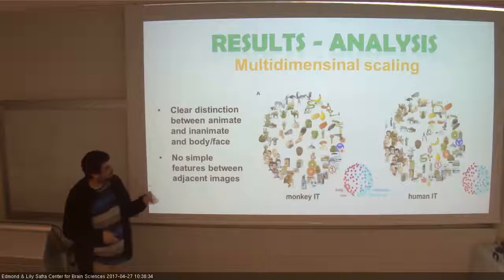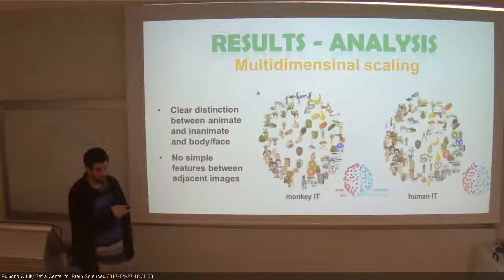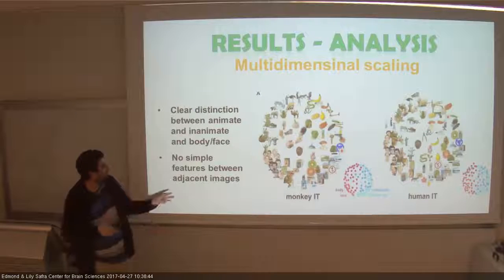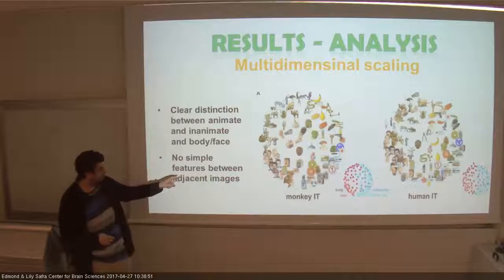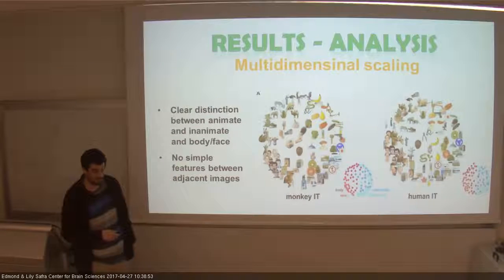And we can even see that within a category there is a finer categorization, let's say between bodies and faces. All the body parts, or just bodies, went to the upside of the animate, and all the faces went to the downside of the animate.